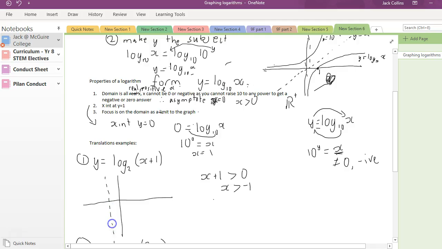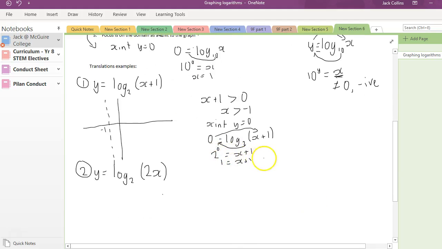So straight away, we'd use a rule for this. Negative 1 is our asymptote. And then x-intercept when y equals 0. So when 0 is equal to log to the base 2 of x plus 1, therefore 2 raised to the power of 0 equals x plus 1. 1 equals x plus 1, so x equals 0.